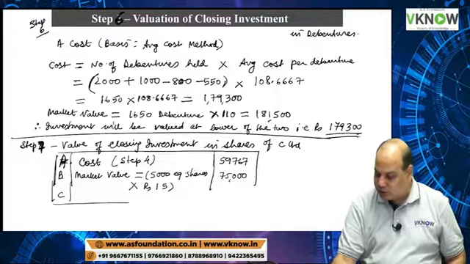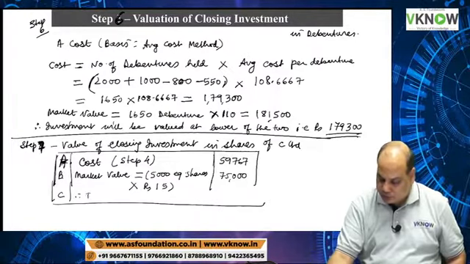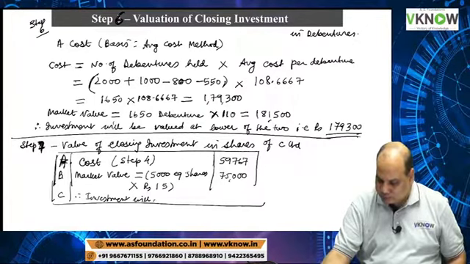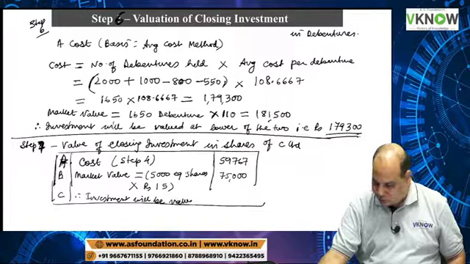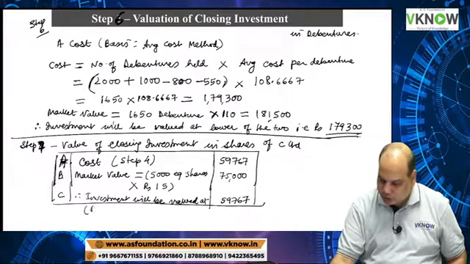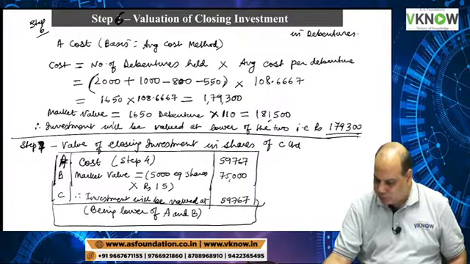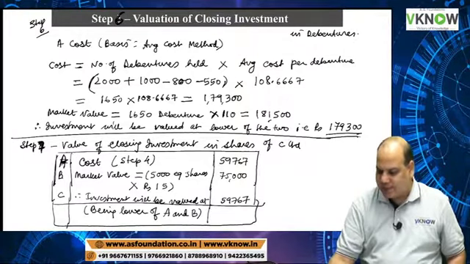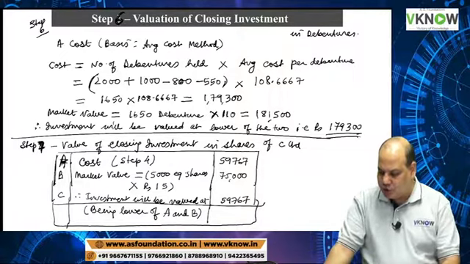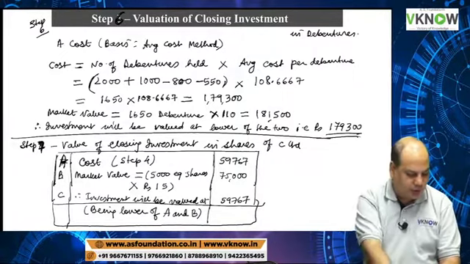So therefore point number C, therefore investment will be valued at 59767, in bracket being lower of A and B. So this is my working note on closing investment value in shares of C Limited.